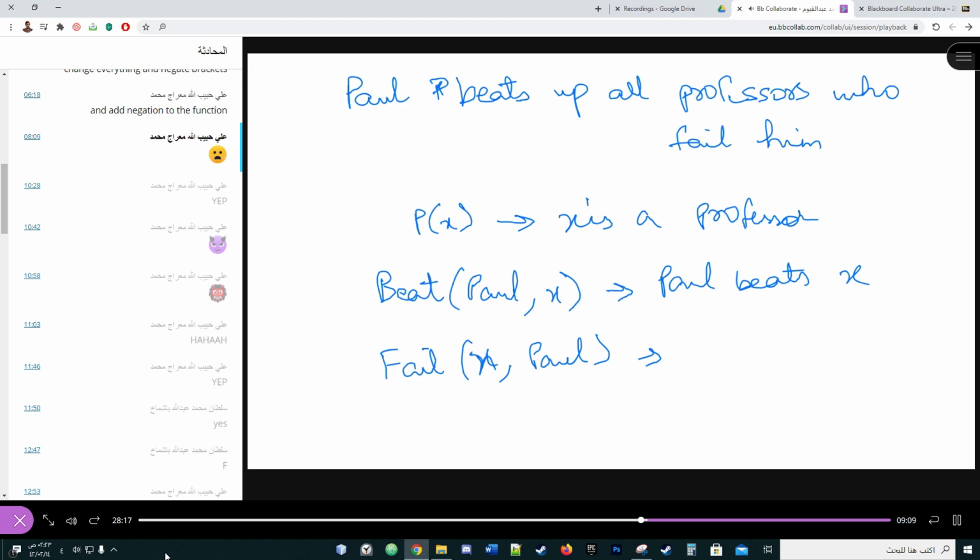So this is the first thing you need to do. You define functions and then you convert it into logic. How will you convert it? You have an if over here. Paul beats up all professors who fail him. So it's like if a professor fails Paul, he gets beaten up.